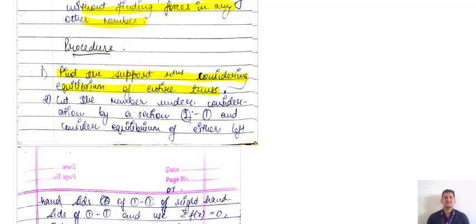So you will consider the whole truss, and then calculate the reactions based on the equilibrium equations: summation Fx equal to 0, for equilibrium of the whole truss, summation Fy equal to 0, and moment about any point equal to 0. These three equilibrium equations you will apply to calculate the unknown reactions.